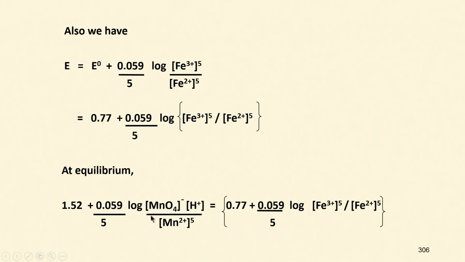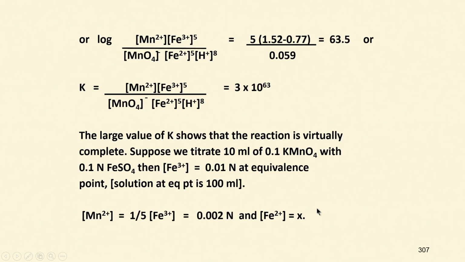So, I can write 1.52 plus 0.059 divided by 5 logarithm of this equilibrium reaction of this system should be equal to this, and I can put the numbers here, and I get log K equal to 63.5.